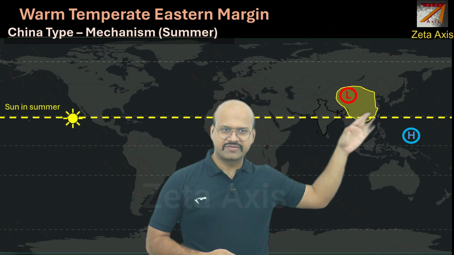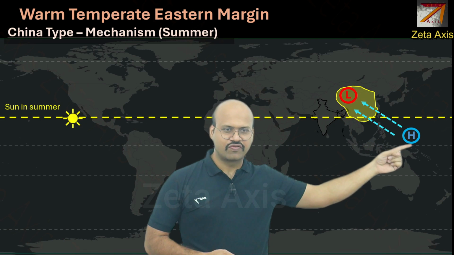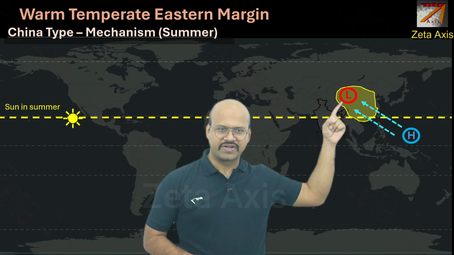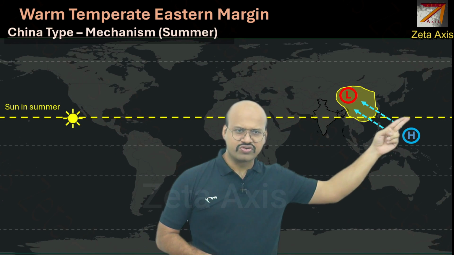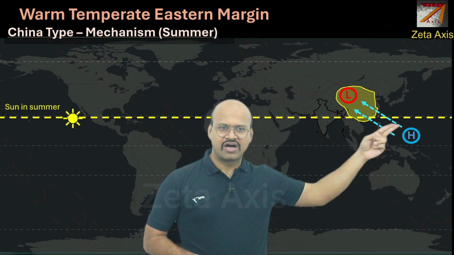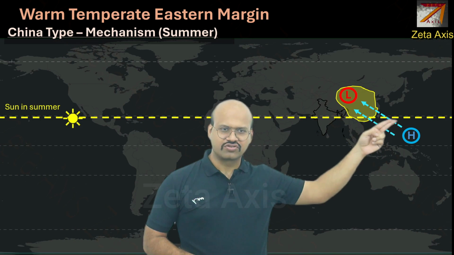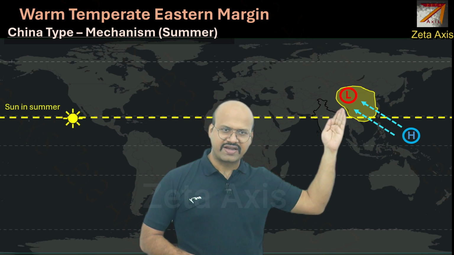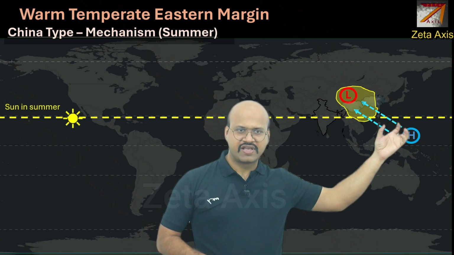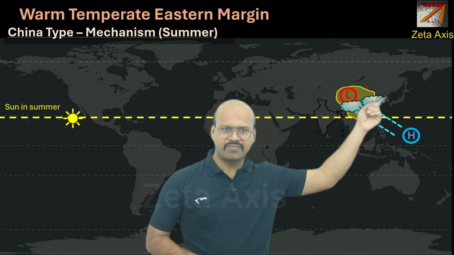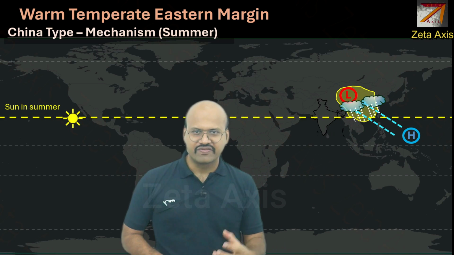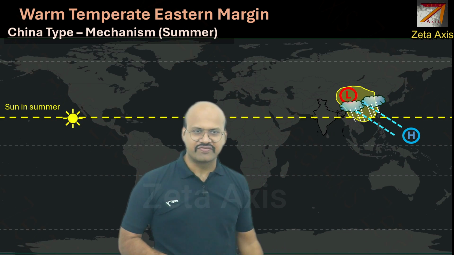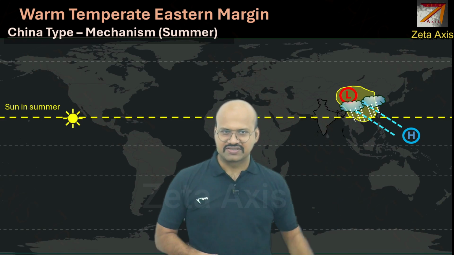Therefore, it will remain at higher pressure, relative to this low pressure. Now, because of this gradient, winds will flow from this high pressure towards this low pressure region. Here is the ocean, the Pacific Ocean, the China Sea and other oceans. So this wind which is flowing from the ocean towards the land will carry a lot of moisture. And when it reaches over the land, it will form clouds which give rainfall. So this is how we receive rainfall in the summer season.